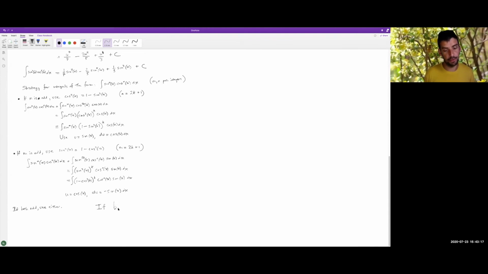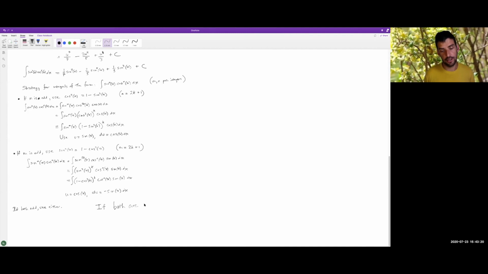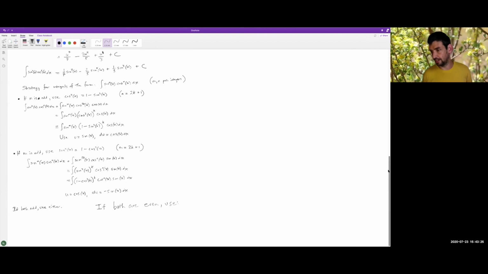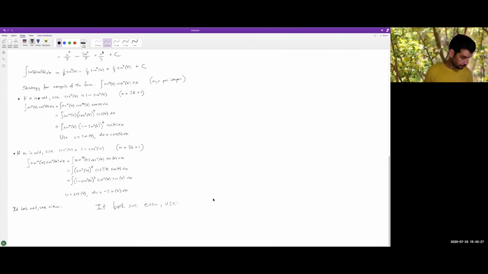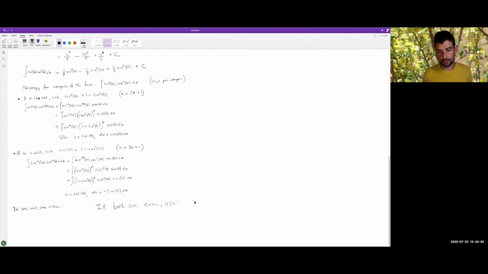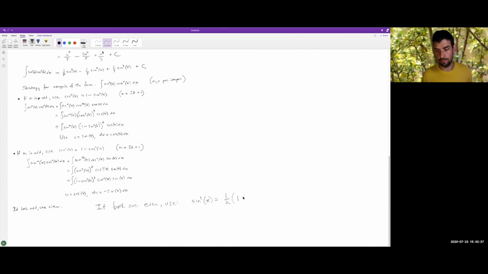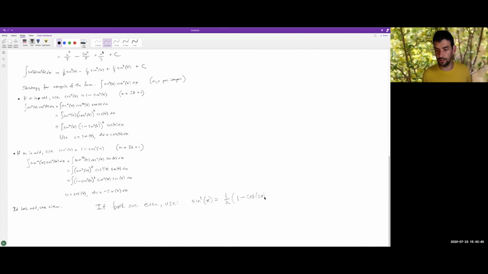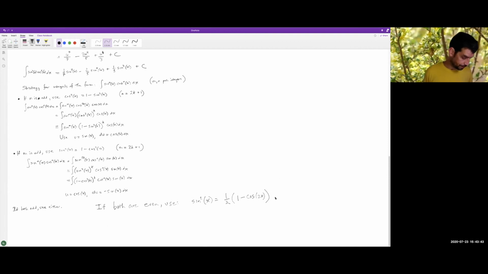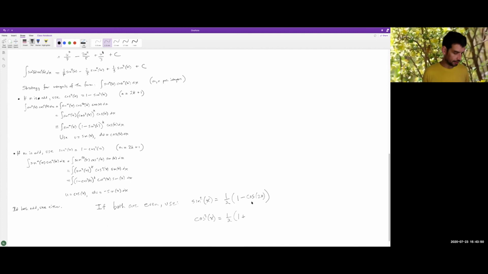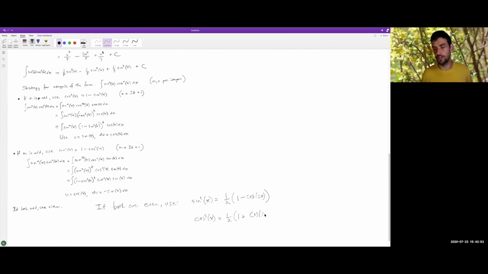If both are even, we have several other trig identities that we can use. So let's see, we'll have sine squared x is going to be 1/2 times 1 minus cosine of 2x, or cosine squared x is 1/2 times 1 plus cosine of 2x.